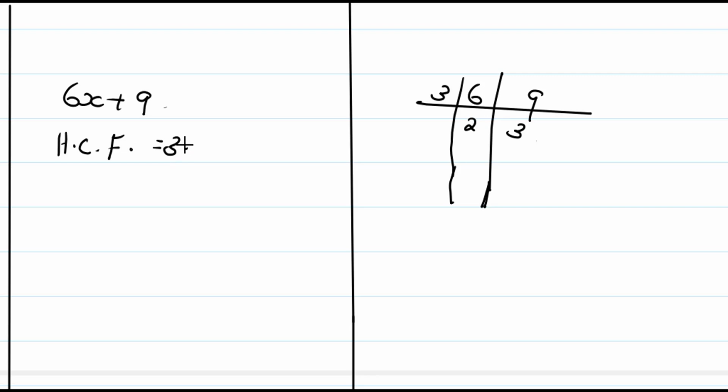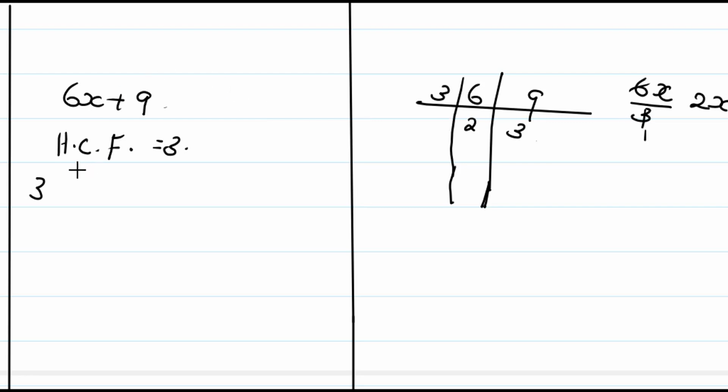Now that I have the HCF, I put it outside the brackets like this, and then I take 6x and divide it by the common factor, which is 3. So 6 divided by 3 will be 2, then our x.